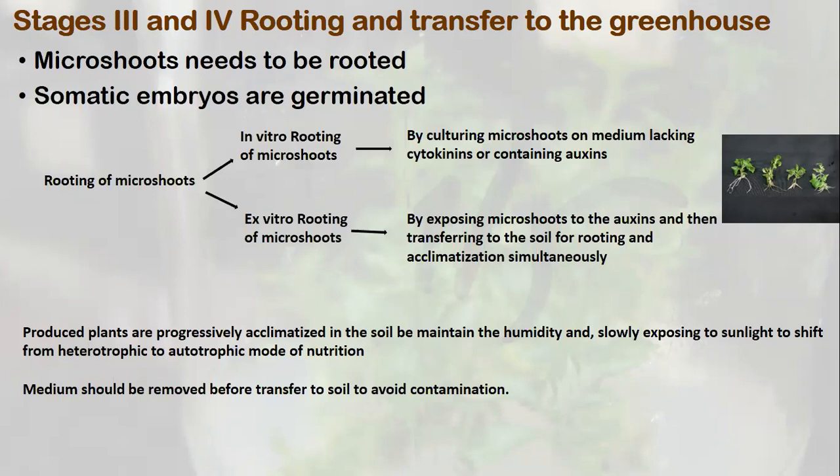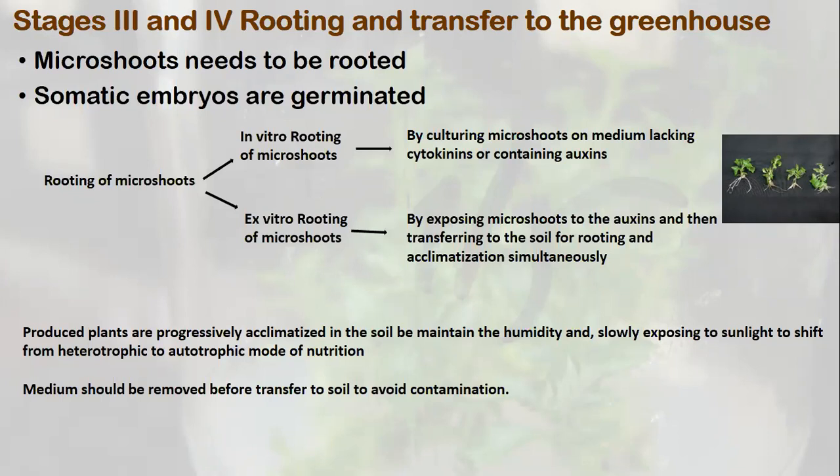So the produced plants are then progressively acclimatized in the soil. We maintain the humidity and slowly expose them to sunlight, so that's a basic fundamental of acclimatization, to shift the plant from heterotrophic to autotrophic mode of nutrition. That's important.